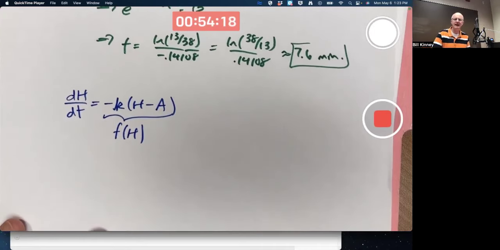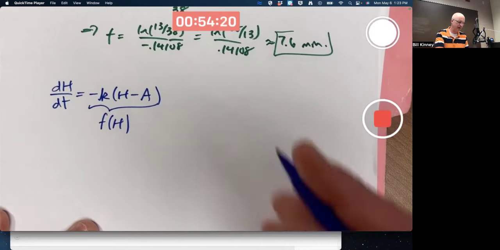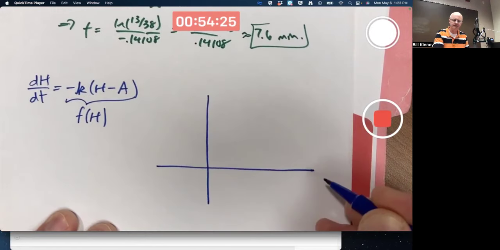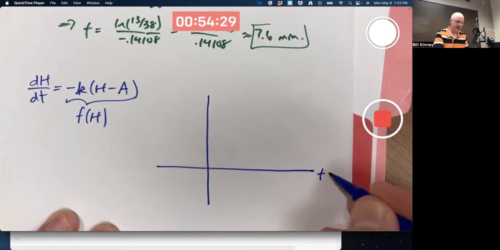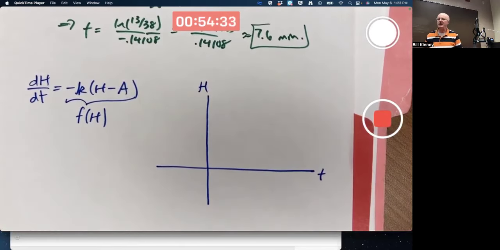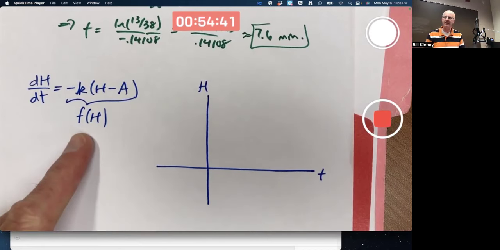What did we do with this kind of thing when we thought about slope fields before? A slope field is in the plane defined by the variables, in this case, t and h, where at each point in the plane, you imagine making small line segments with slope equal to the value of this function at that point.